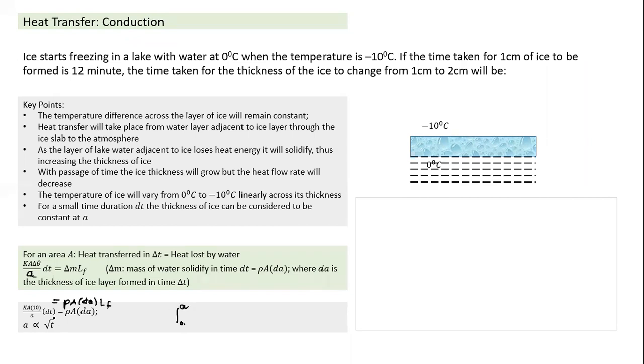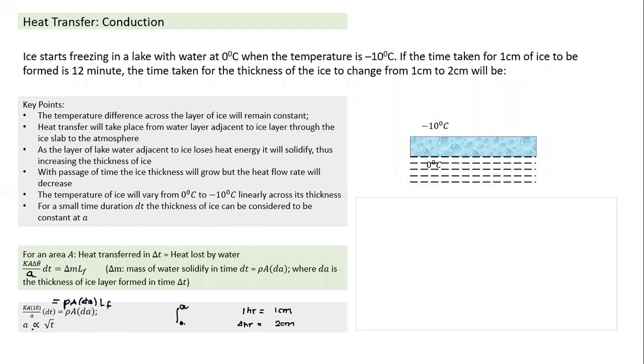It comes out equal to root of T. What does root of T mean? So if it takes 1 hour to form an ice layer of thickness 1 centimeter, to form an ice layer of 2 centimeter, how much time will it take? 4 hours.